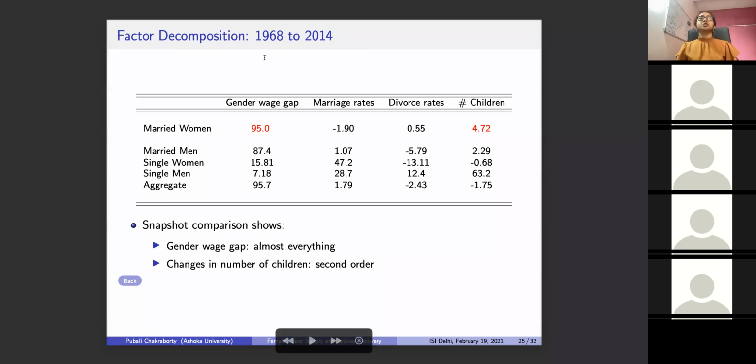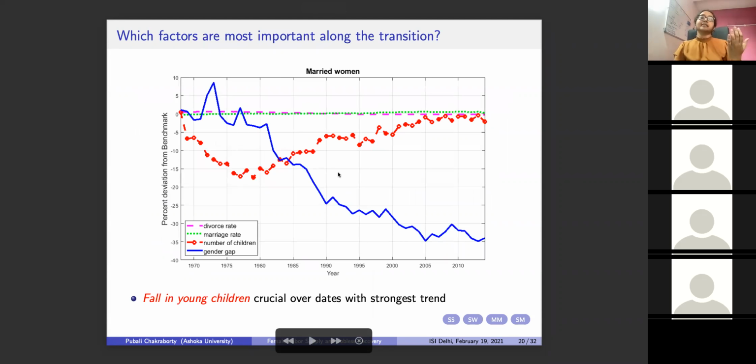This table shows, in terms of the overall change, which of the factors seem to be most important. For married women, the gender wage gap seems to do everything, whereas the number of young children reducing does not really do much. And this interesting fact that the fall in the number of young children matters would be lost if I had just done a snapshot comparison. So that's the key takeaway.